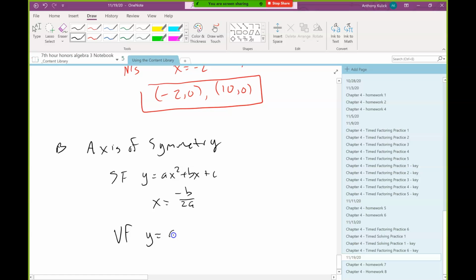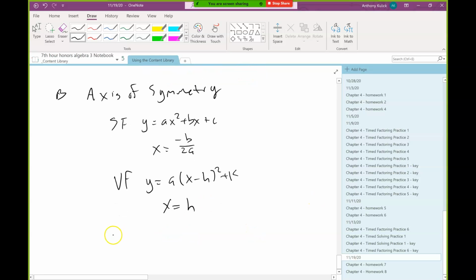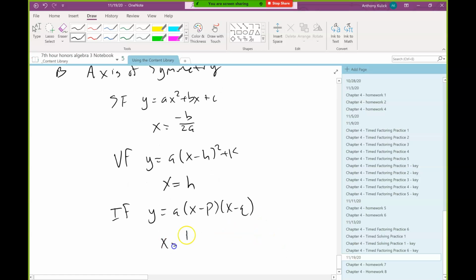In vertex form, our axis of symmetry is just x equals h. And for intercept form, our formula is p plus q divided by 2.